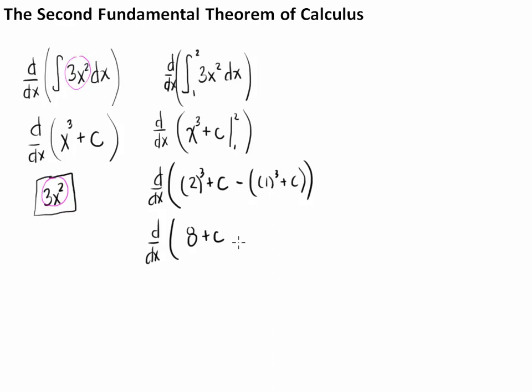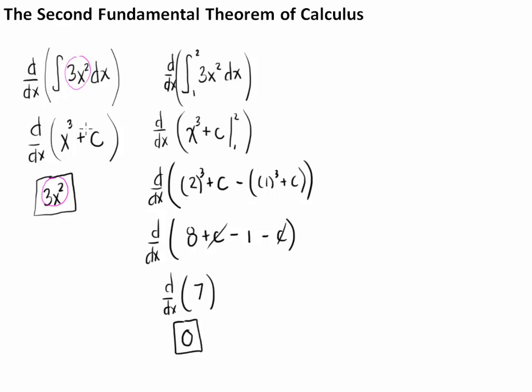This is going to be 1 plus c, just distribute the minus sign, we get minus 1 minus c. The c's cancel out, which is why earlier I said that since it's a definite integral, you don't really need to put the plus c because it's always going to cancel out. And we end up with the derivative of 8 minus 1, which is 7. And the derivative of a constant is simply 0. So that would be my answer here.